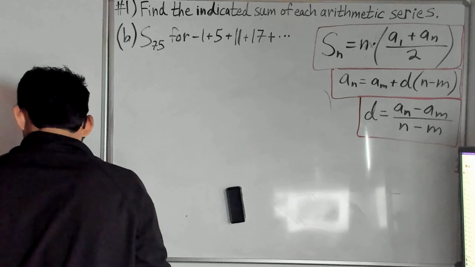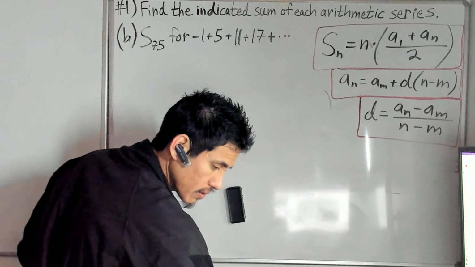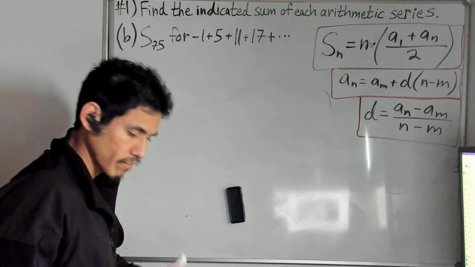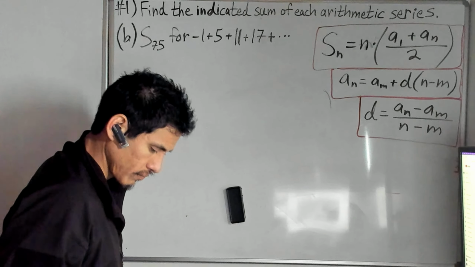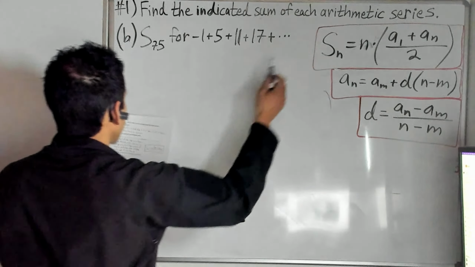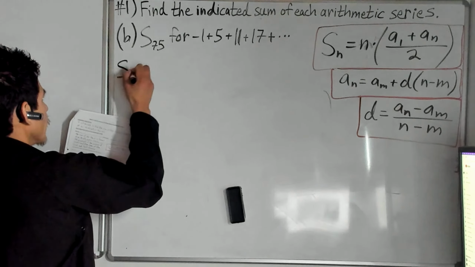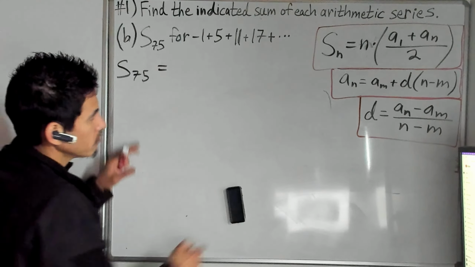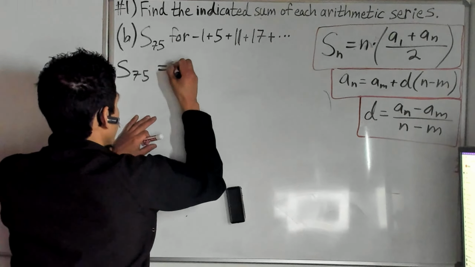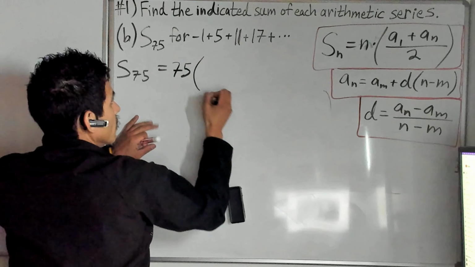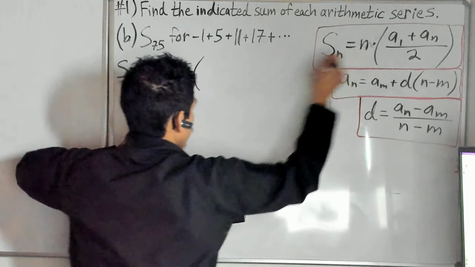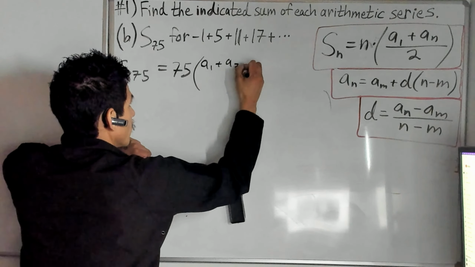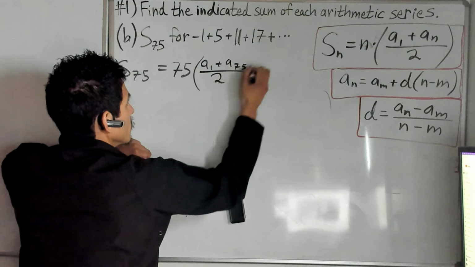I'm going to throw that away. Fresh marker. Okay, so S75. We're going to have S75. Our n will be 75 times a1 plus a75 over 2.